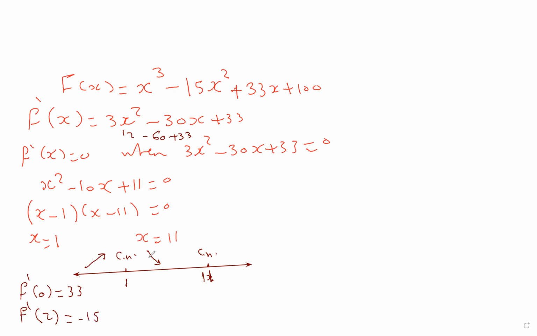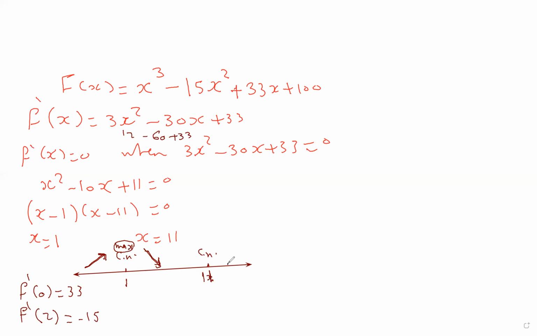It will be negative. So this point is a maximum, because before and after the number the slope, or f dash, goes from positive to negative, making the function increasing then decreasing. This point is a local maximum.